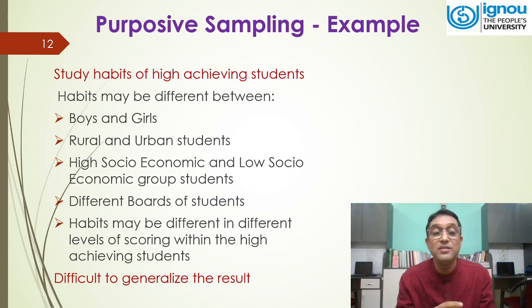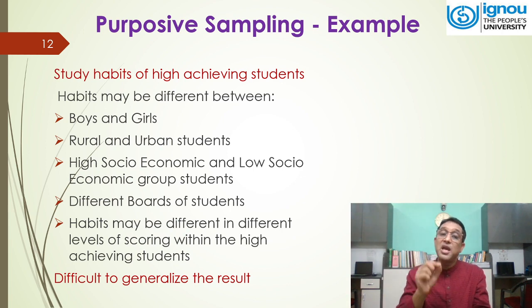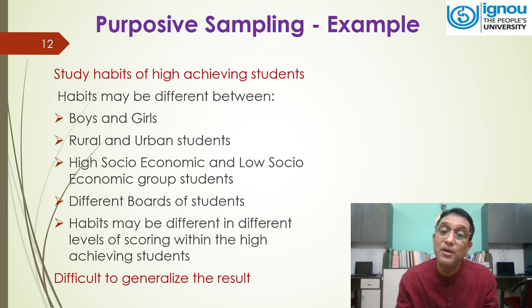So that's why, friends, this is called the purposive sampling method. And let me say, many a time the purposive sampling method proves to be a good sample. You can conduct a very good study by using the purposive sampling method.